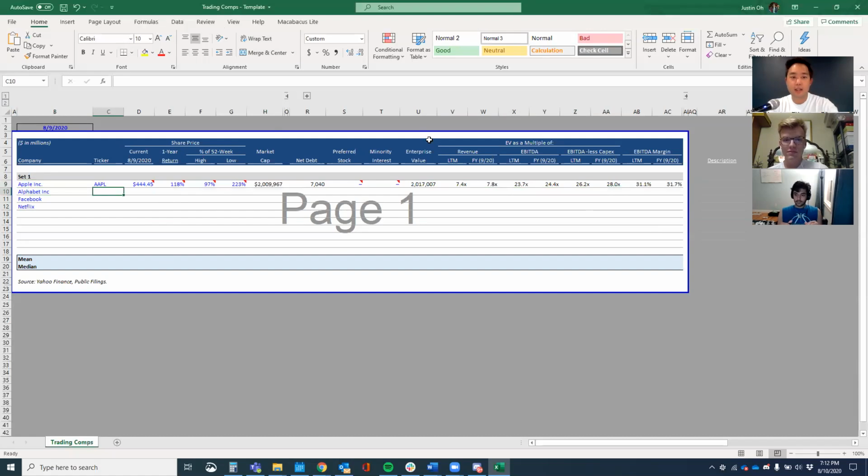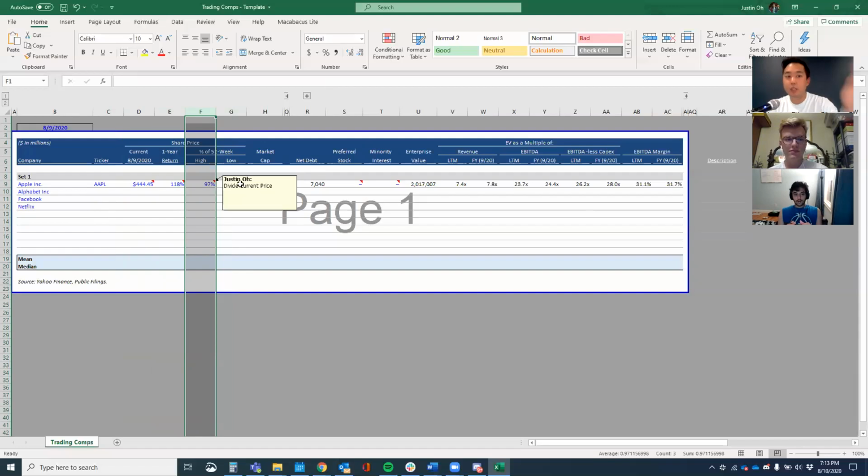So this is the end result of a very basic trading comps. We have the current share price, obviously, which doesn't mean too much in and of itself. The 1-year return: has it been doing well or not over the last year? Percent of 52-week high and low. If it's almost 100% of its 52-week high, that means it's almost at all-time highs, and it's been going up and making new highs.